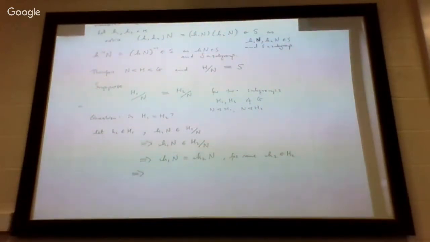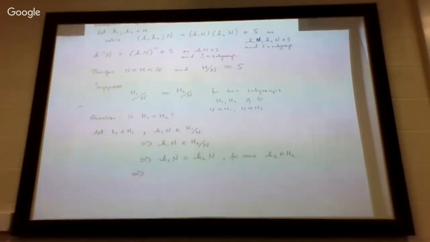Well, if you look back in the chapter setting up factor groups, remember there are all these different equivalent ways to think of normal subgroups. Sorry, this was back in the chapter on Lagrange's theorem.